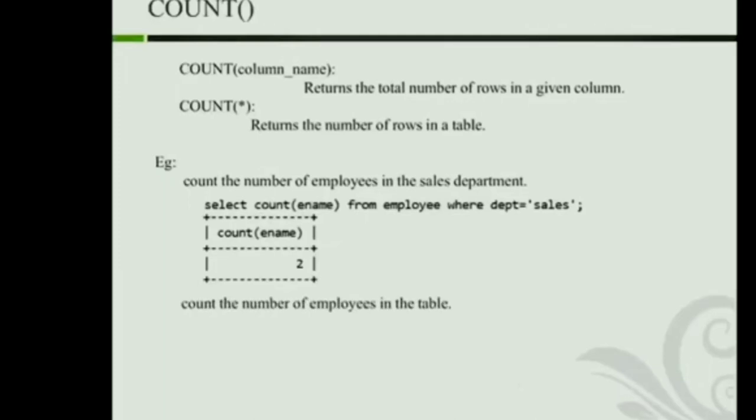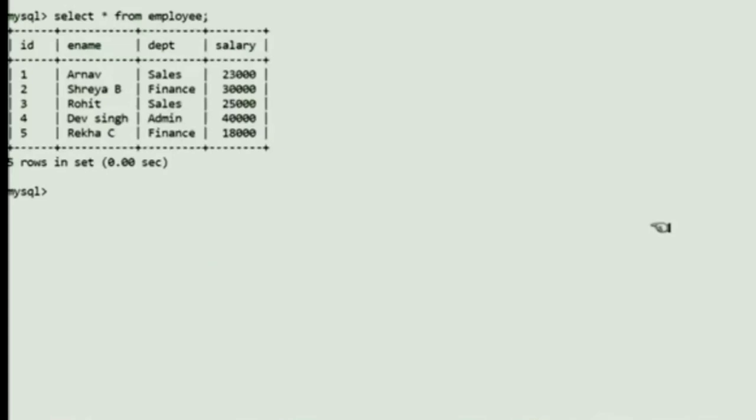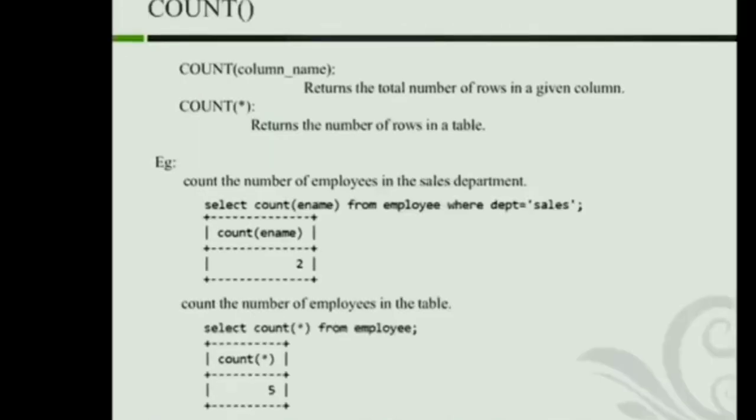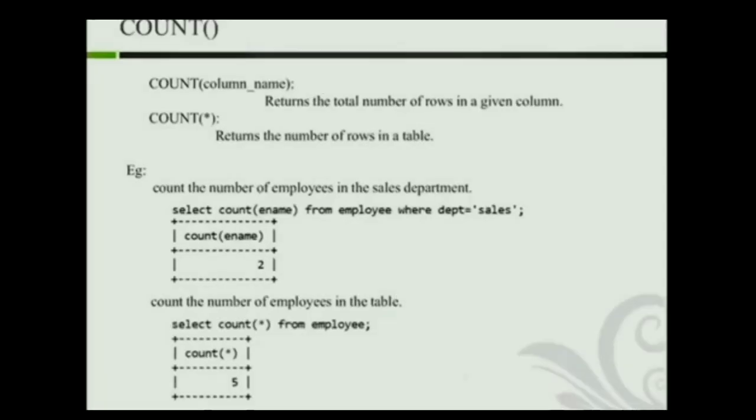Now we are going to count the total number of employees. So we can write the query as select count of star from employee. Students, it will return the total number of rows in the table. So the answer is 5. If we use count of column name, it returns the total number of rows in the particular column. But in case of count star, it returns the total number of rows in a table.